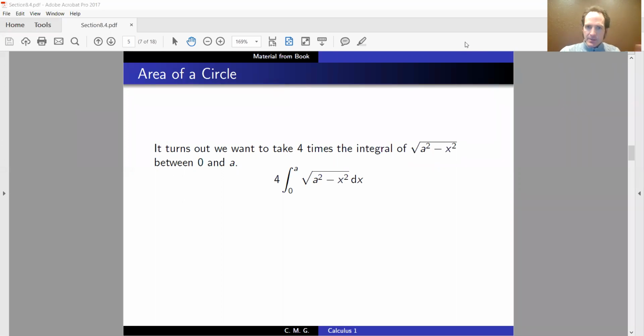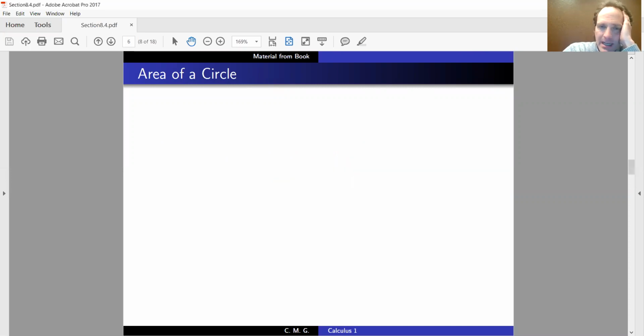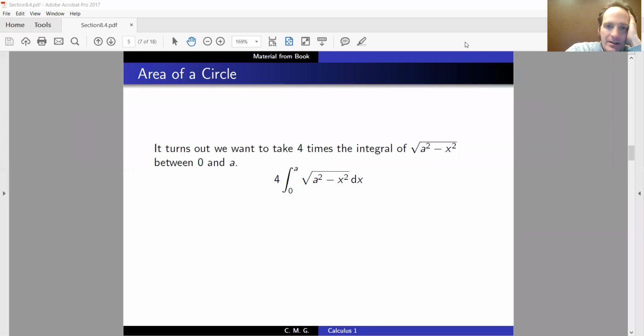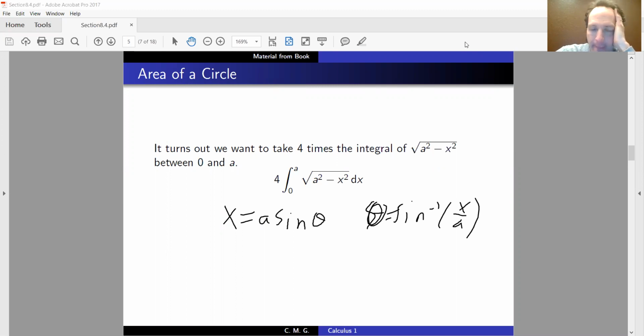All right. So now what do I do? So now apparently what I was supposed to do is make a substitution. And the substitution I want to make in here is that x is a times sine theta, which means that theta is the inverse sine of x over a.